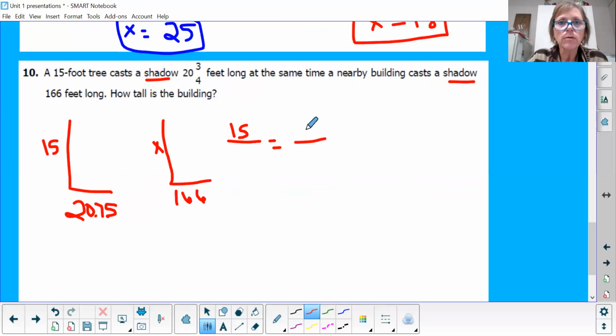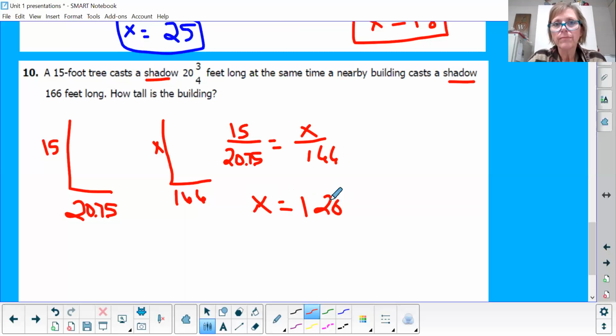And X on the top over here, 20.75. And 166. And if you cross multiply and divide, X equals 120. And feet, everything's feet.